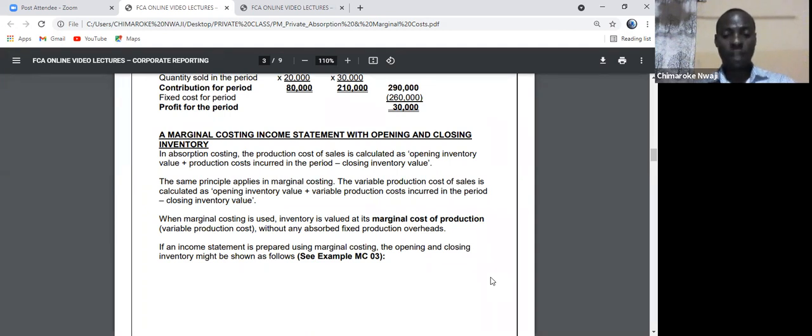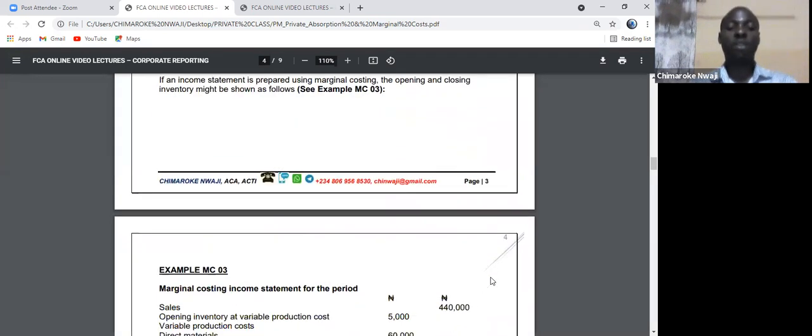We use that to value our opening and closing stock. We are going to see how this is done in MCO3. So let's see MCO3.